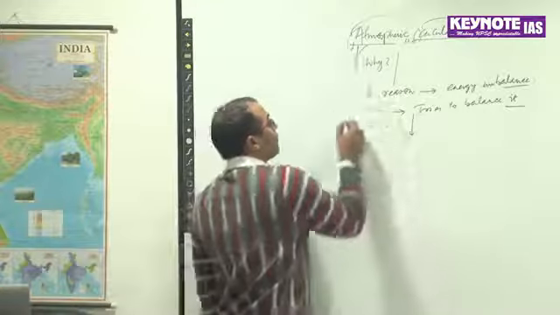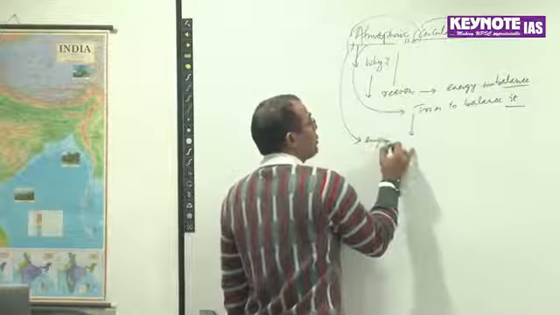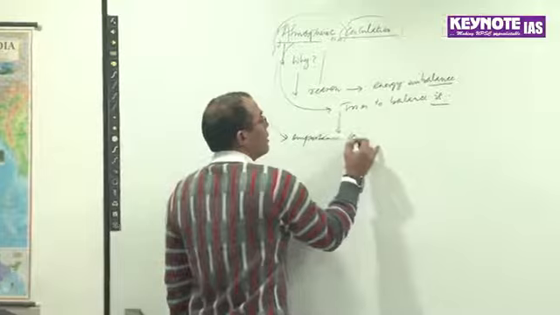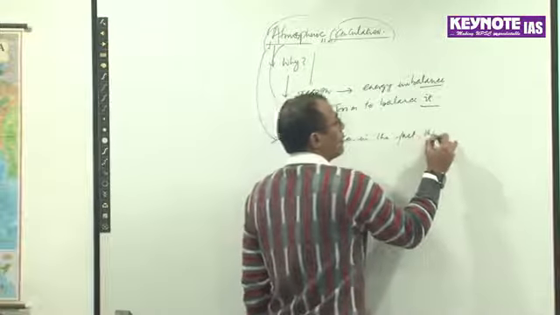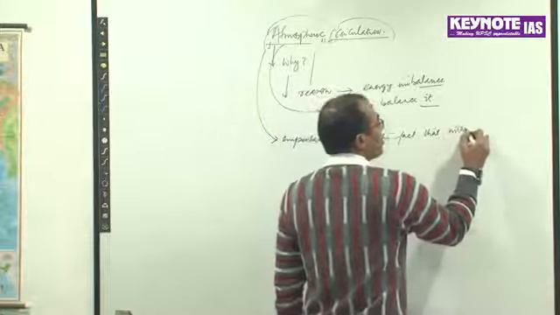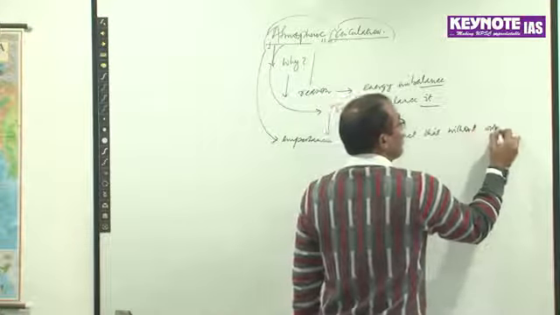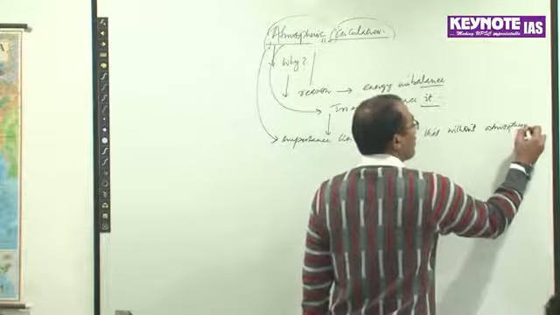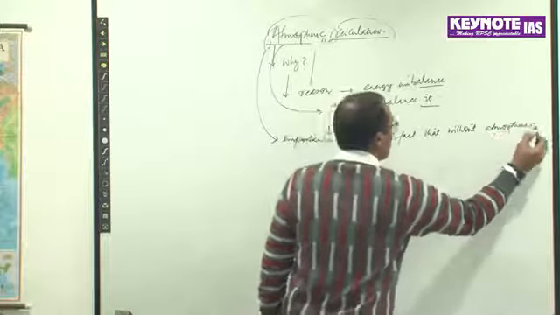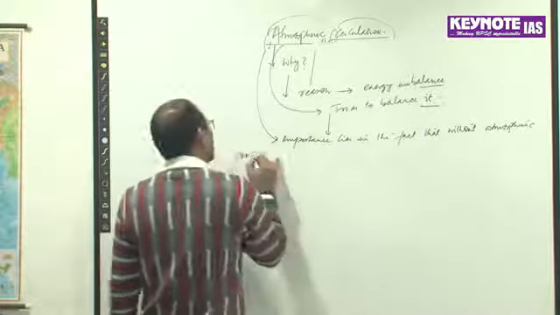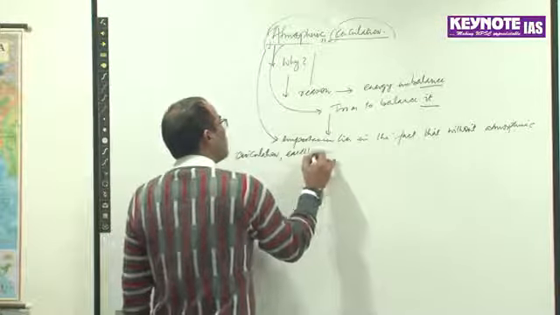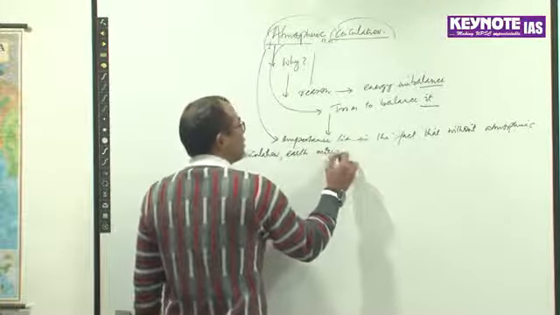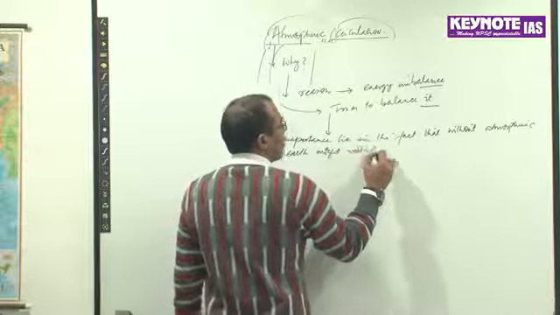So obviously, the importance lies in the fact that without atmospheric circulation, Earth might not be habitable.